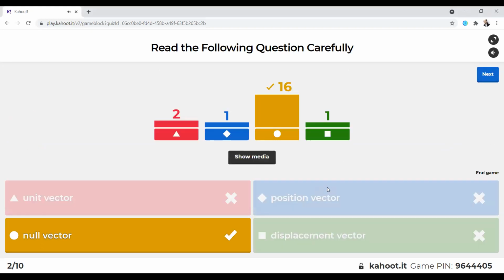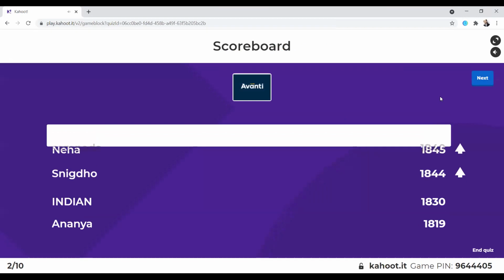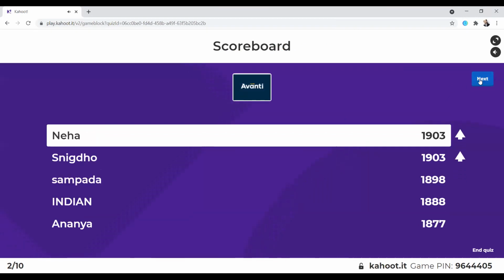Yes, it will be a null vector. एक vector को उसके opposite से add कर दो. That means answer will be a null vector. We'll not say zero. We'll say null vector. Okay, next one.